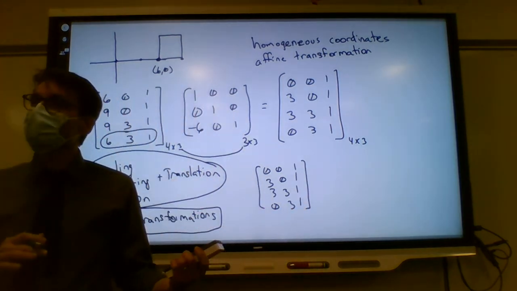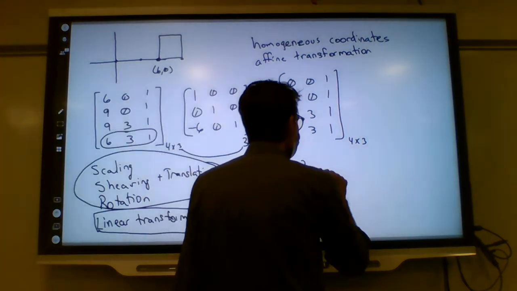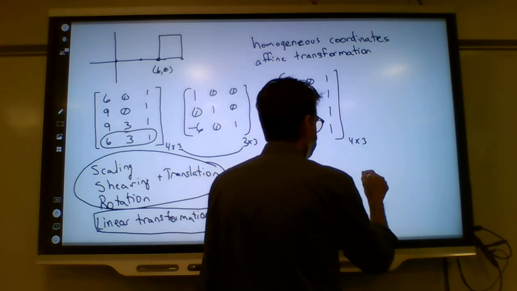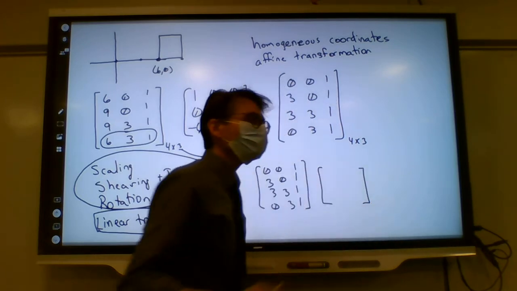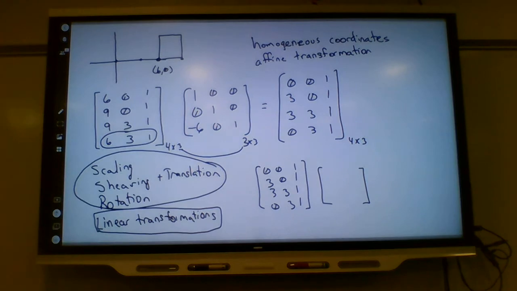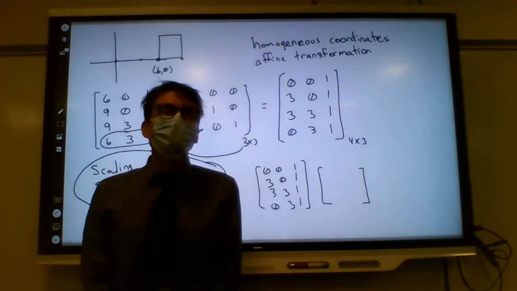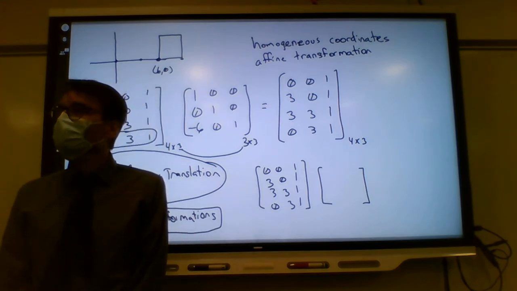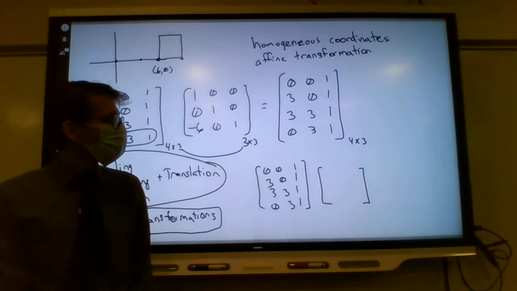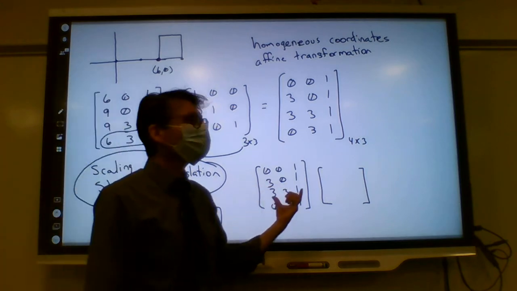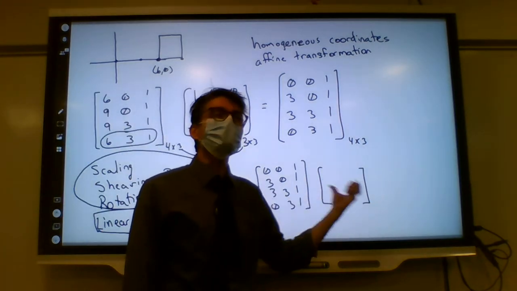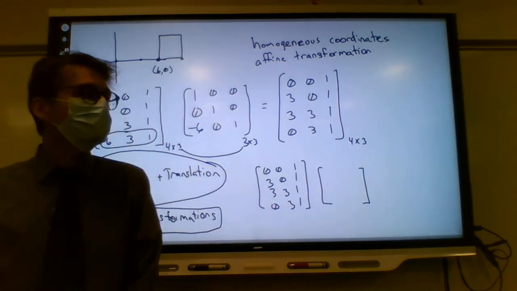Instead of projecting that back down, we want to rotate. What do you think the rotation matrix for this should look like? 3 by 3? So it'll be 3 by 3 because we want a 4 by 3 answer. So it needs to be a 3 by 3 matrix.